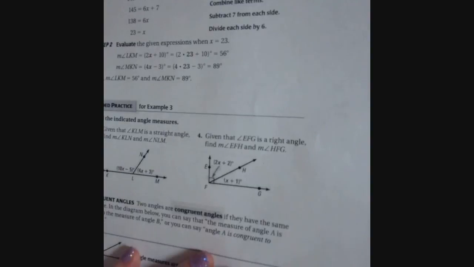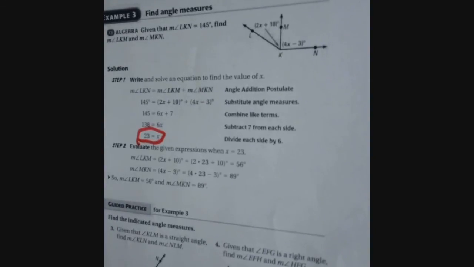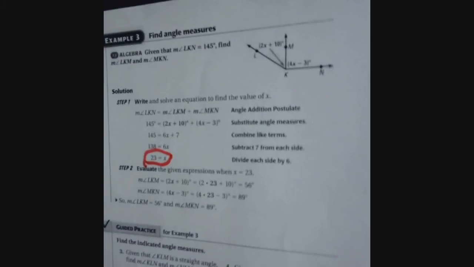Sorry, I said 63. I meant 23. 6 goes into 13 2 times, so I meant 23, not 63. Everything else looks good. Alright, so now that we know that x is 23, we can go and plug in.